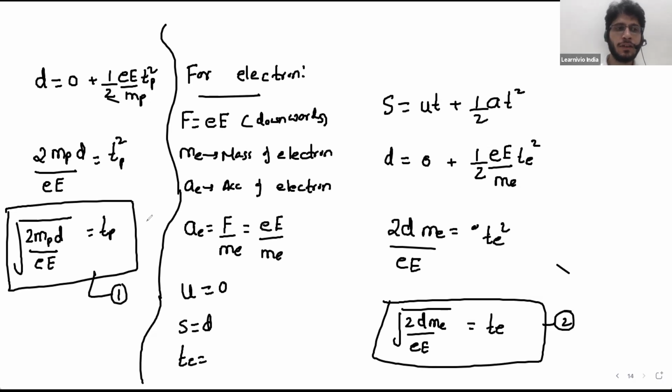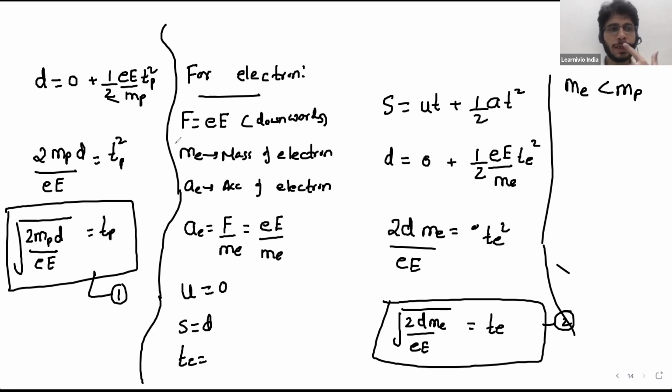If you look at these two expressions, in both the 2 and 2 are the same, d and d are the same, e and E are the same. The only difference is in the mass of proton and the mass of electron. The mass of electron is less than the mass of proton, and time is proportional to the square root of mass.